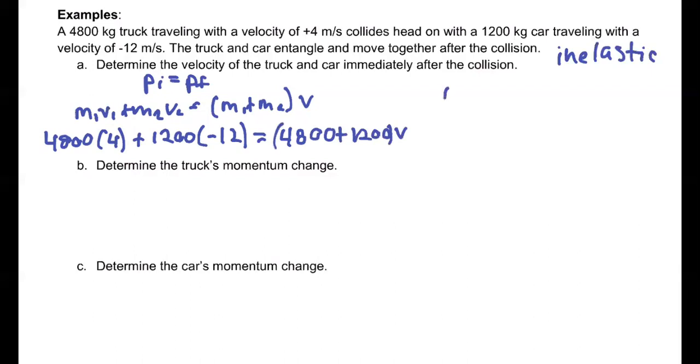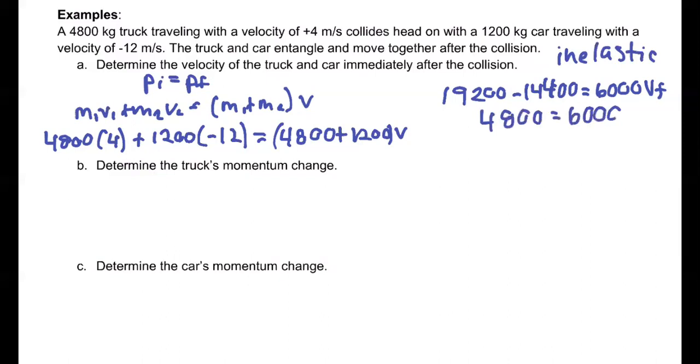This gives me 19,200 minus 14,400, which equals 6,000 when our masses are added together, times velocity final. So these two subtracted from each other give me 4,800 equals 6,000 V. So my velocity final is going to be 0.8 meters per second.